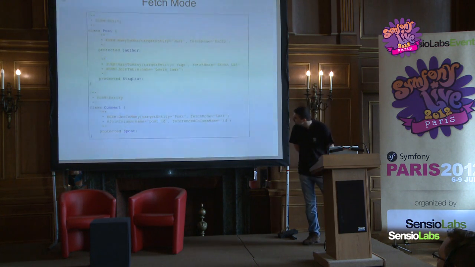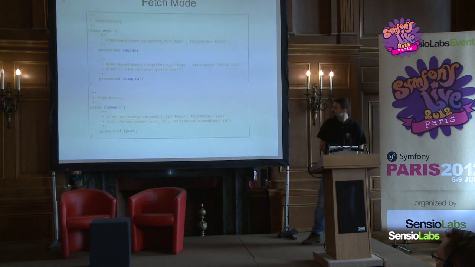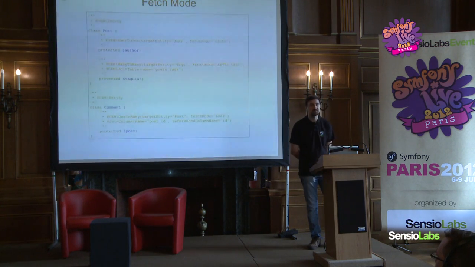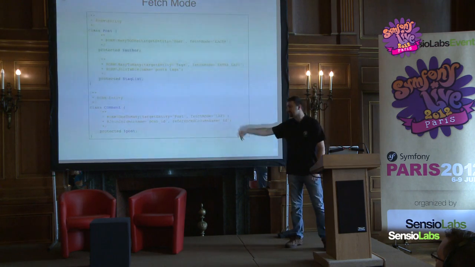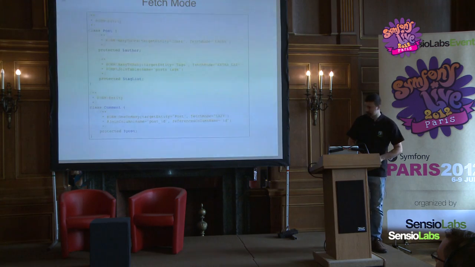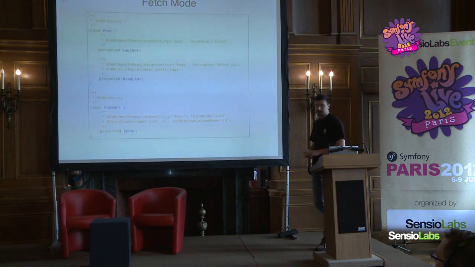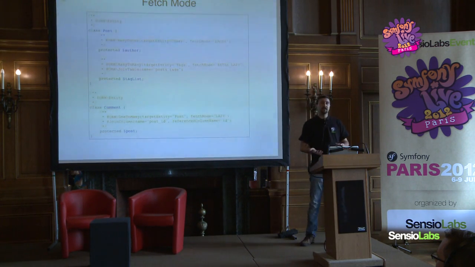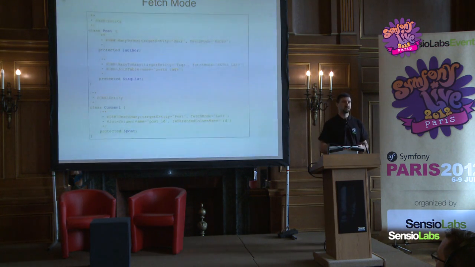And finally, you just have a one-to-many here inside the comment for post with fetch mode lazy, which is the default one, and then you can omit. But I just try to be very verbose here.